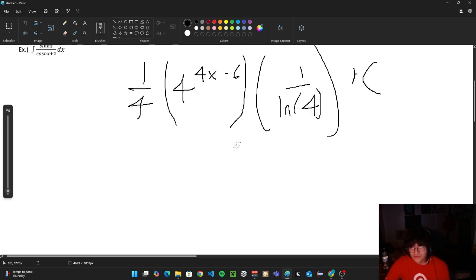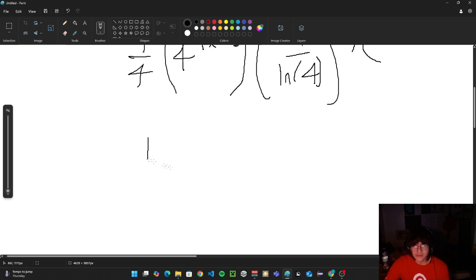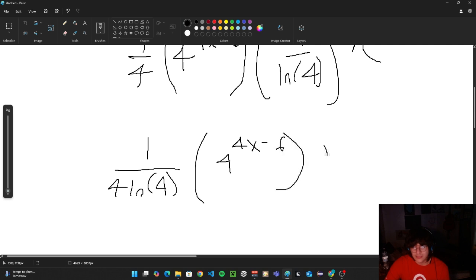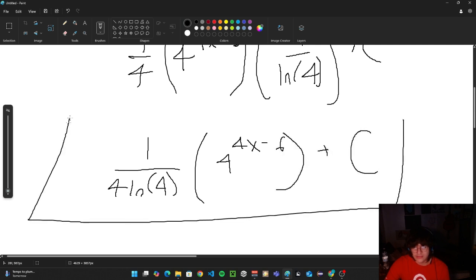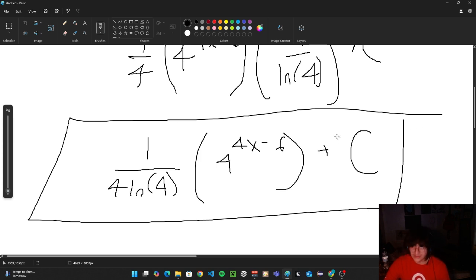This will simplify further to 1 over 4 times the natural log of 4, times 4 to the power of 4x minus 6, plus c. So this would be the answer.